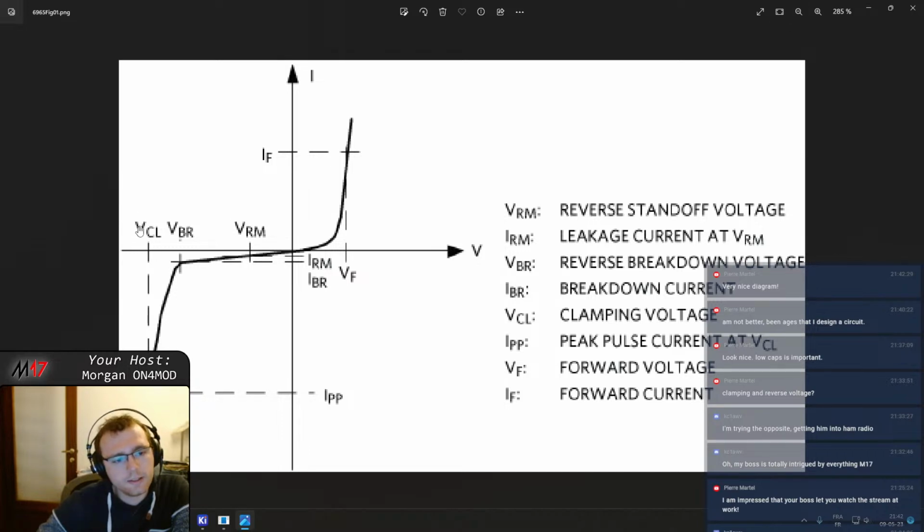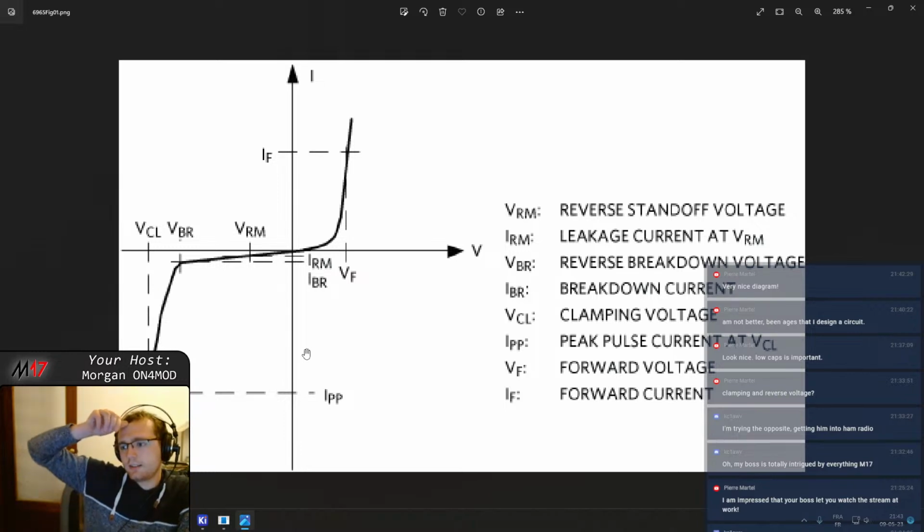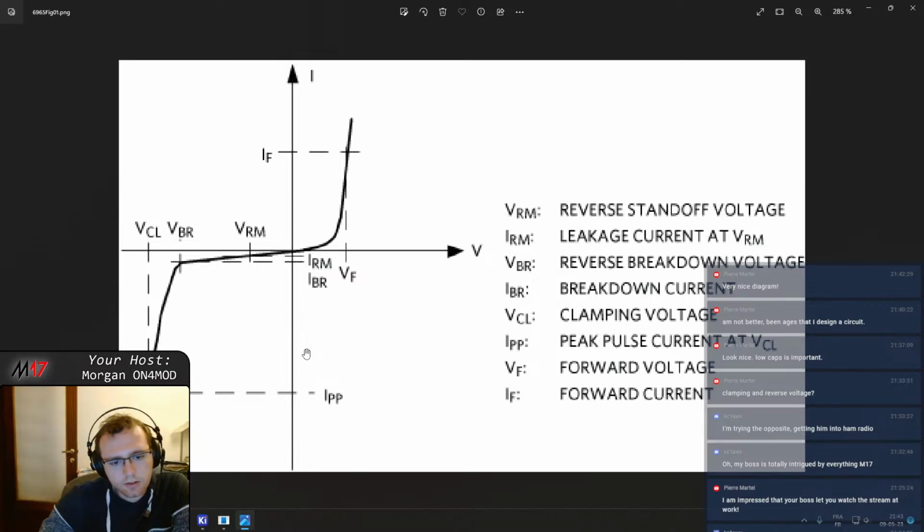So we want indeed VCL to be at or below the absolute maximum rating of the transceiver. Otherwise, when the ESD is getting discharged, the maximum current is defined in the standards, let's not care about that now.